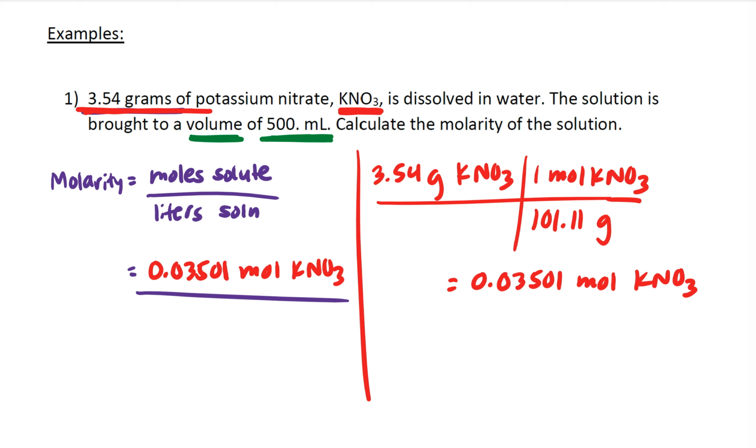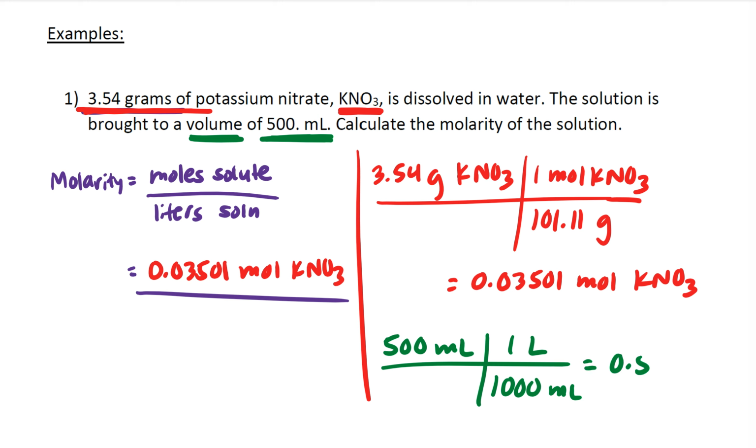So again, off to the side here, let's convert those 500 milliliters into liters. And recall, 1 liter is equal to 1,000 milliliters. So that's going to be 0.500 liters of solution. So 0.500 liters of solution goes in the denominator.